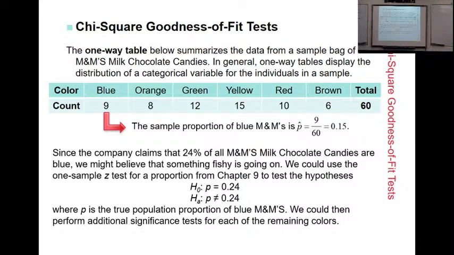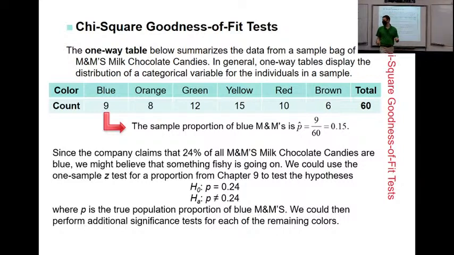Or we could have one hypothesis test that will give us the information about the entire distribution instead of just one at a time. Right? Because if we were to do this the long way, we would have to do each of these individually and have 6 different 4-step problems for all of these.